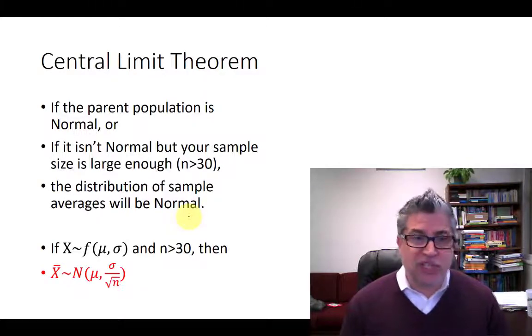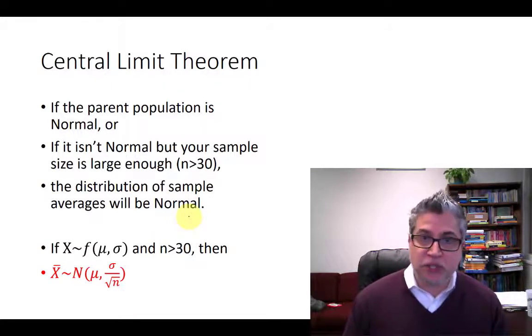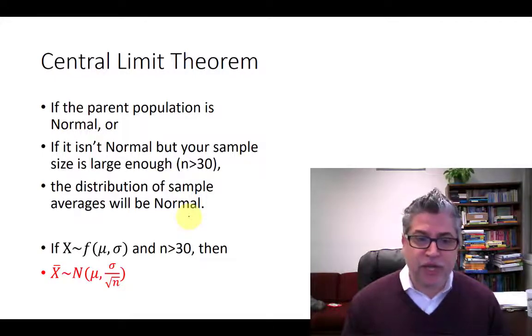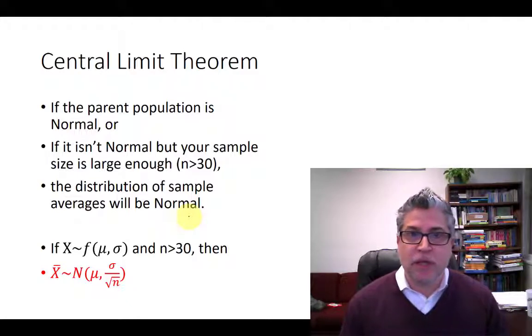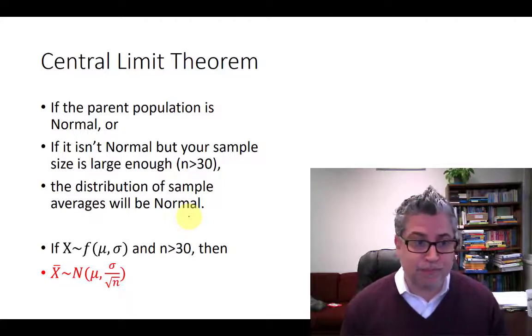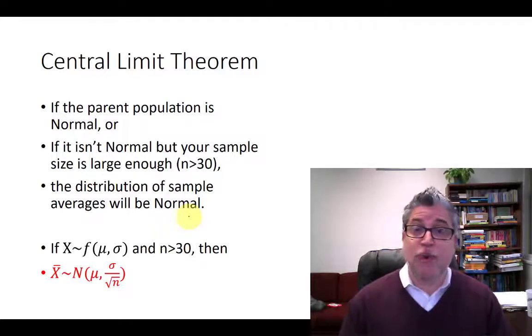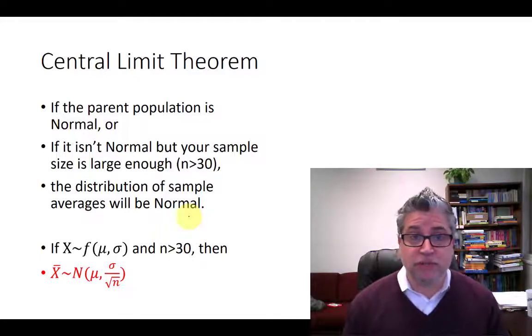If the parent population is roughly bell-shaped, you're golden. If it's not roughly bell-shaped, then your sample size needs to be large enough. In practice, if you've got a continuous distribution, 30 is your golden number. A sample size of 30, and you can basically presume that sample averages come from a normal distribution. If it's very wonky, like that bimodal one, the one that just had 2 possibilities, we saw that it took something closer to 300 observations.